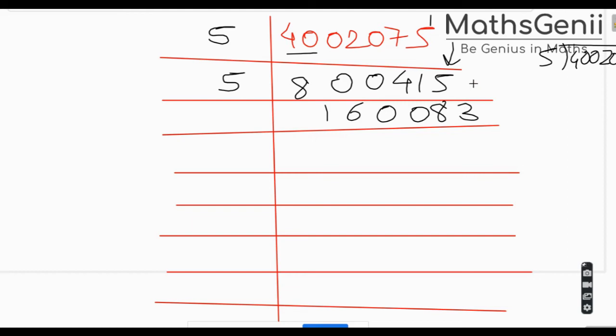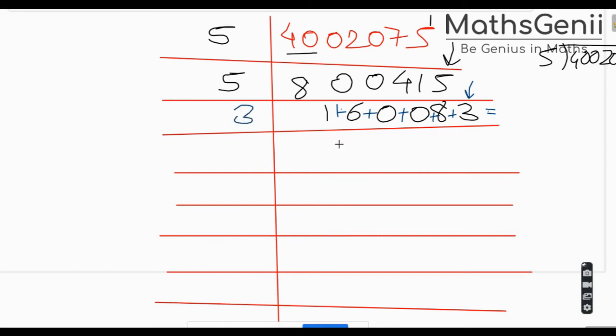It cannot be divided by 2 because at the end you get 3. Can I divide it by 3? 1 plus 6, 7. 7 plus 8, 15. 15 plus 3, 18. So when you add these numbers, if the addition comes out to be something that comes in 3's table, then you can divide it by 3. So the addition was coming to be 18, so I can divide it by 3.